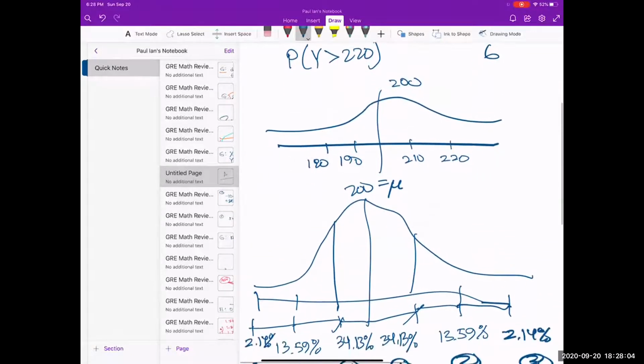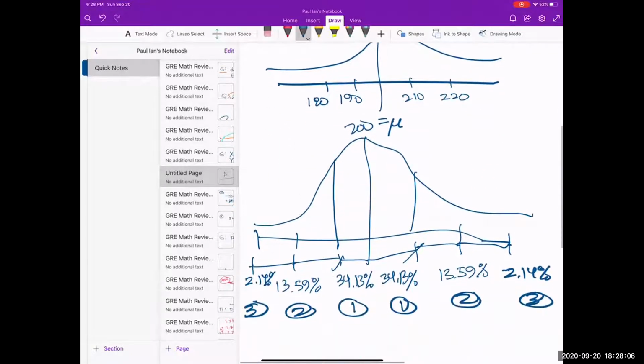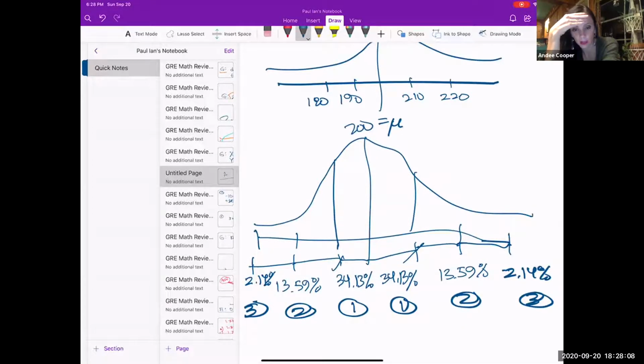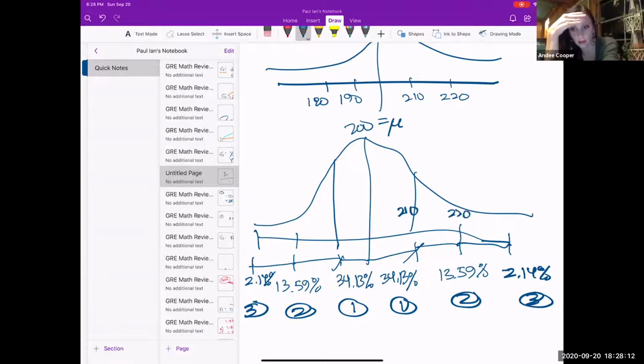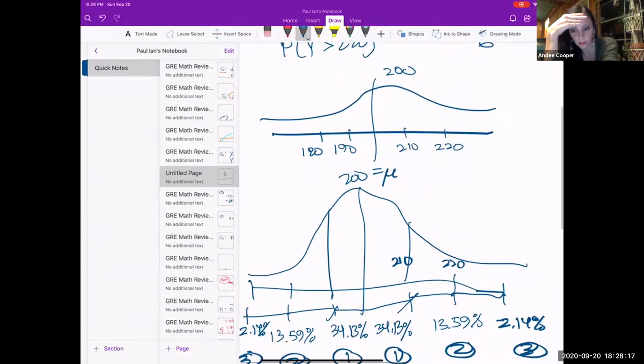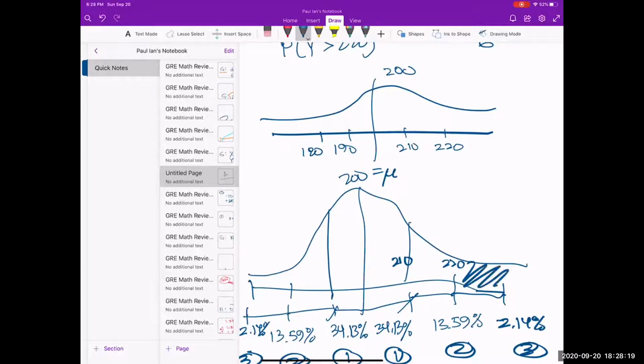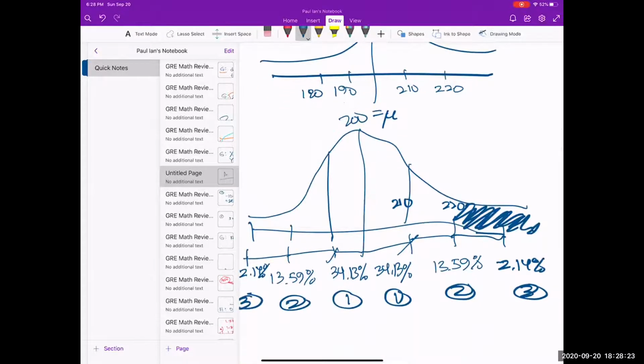Then you put values in these: this is 210, and these are 220 right here. So the probability is this part, this is the one that you want, not the left hand side.